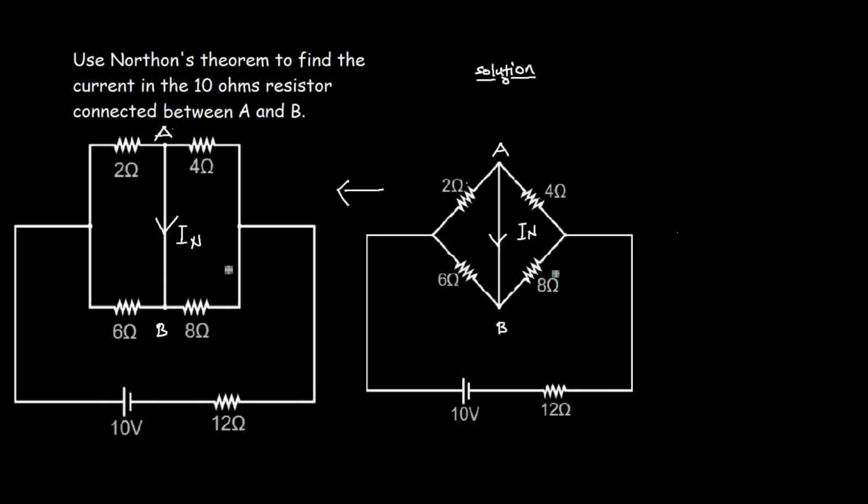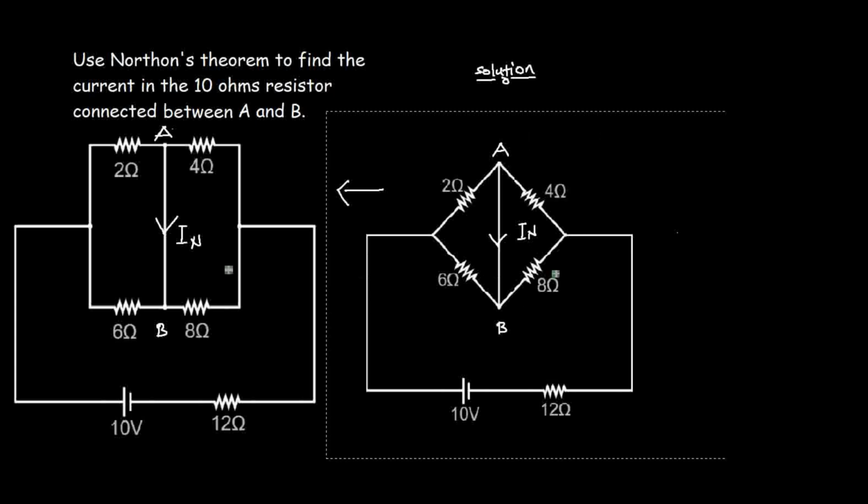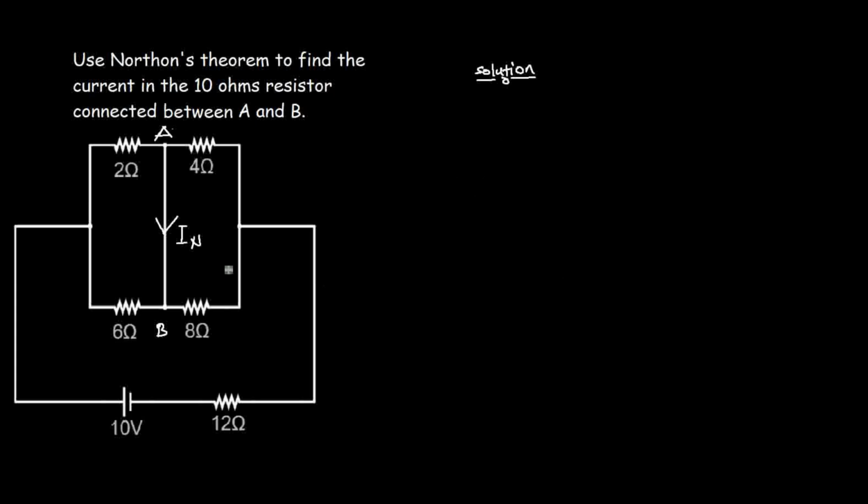Now you see that this circuit looks much easier to deal with than what you have here on the right side. So I'm going to work with this circuit, or they are the same circuits. So let's go ahead. All you need to do here is calculate Norton's current IN.